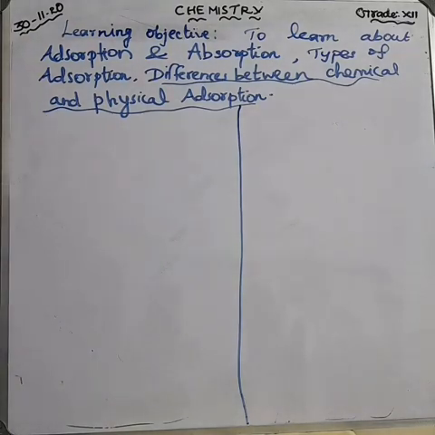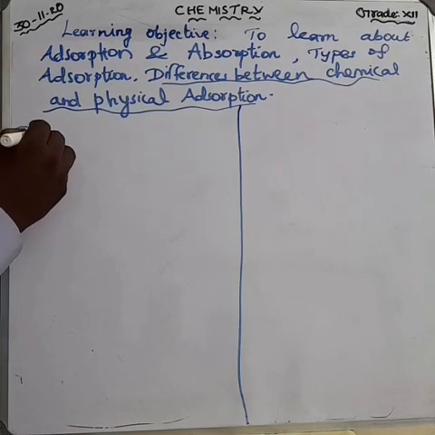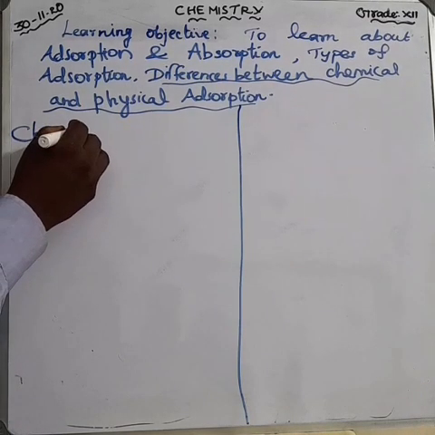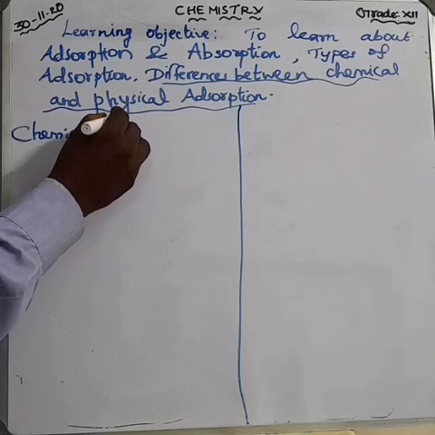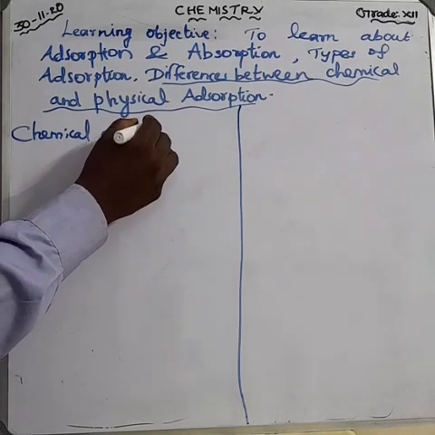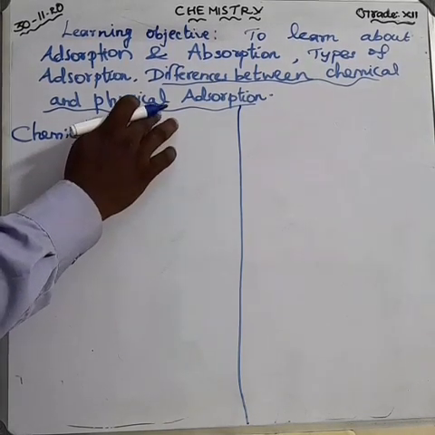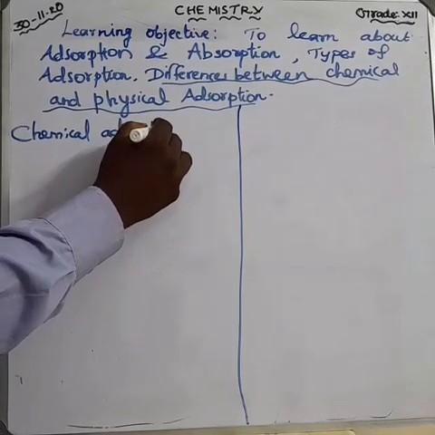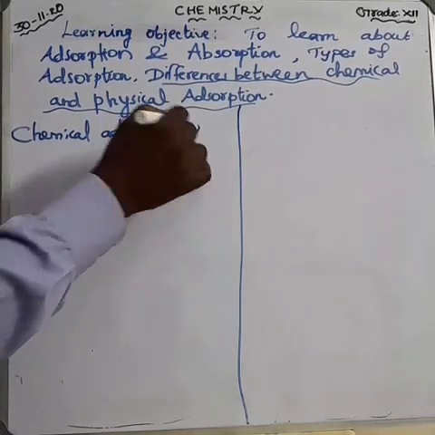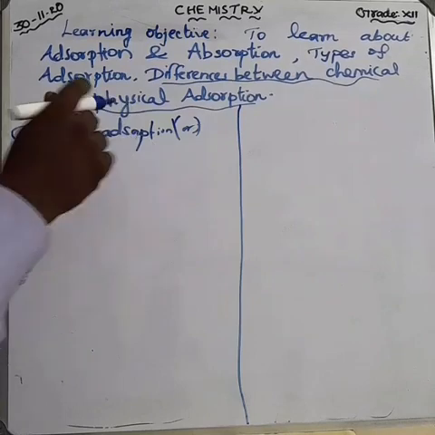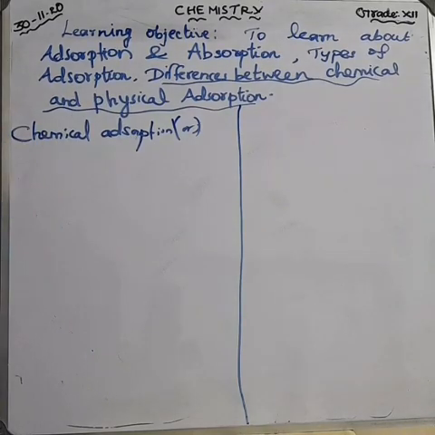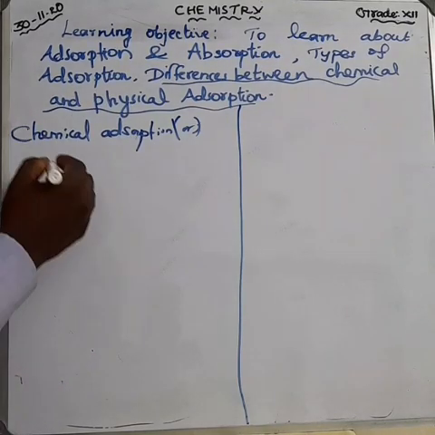First, write the other name of chemical adsorption: chemisorption. The other name is activated adsorption.